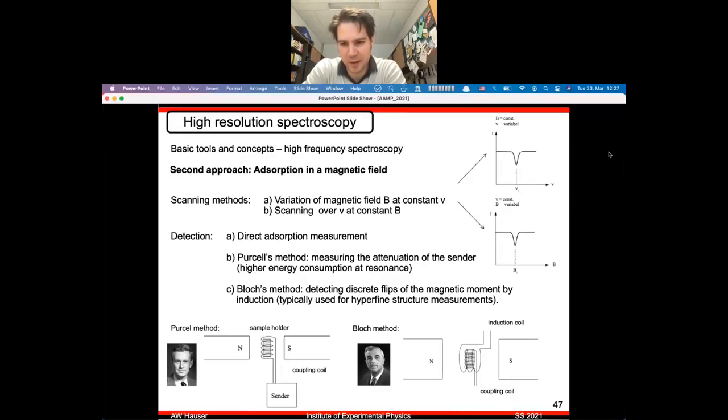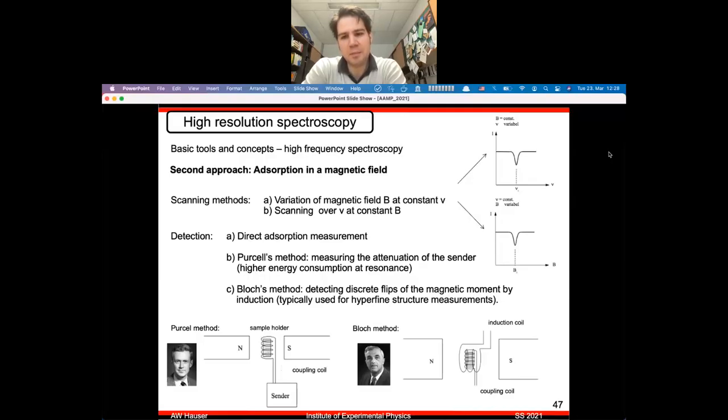This gives us our constant and approximately homogeneous field with the field lines in X direction. And then you can see a coupling coil, which is perpendicular to this, and an induction coil, which is arranged with its axis parallel to the static magnetic field.